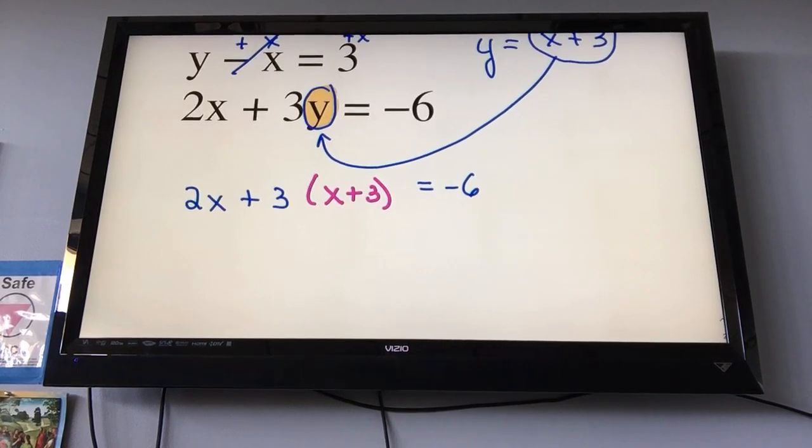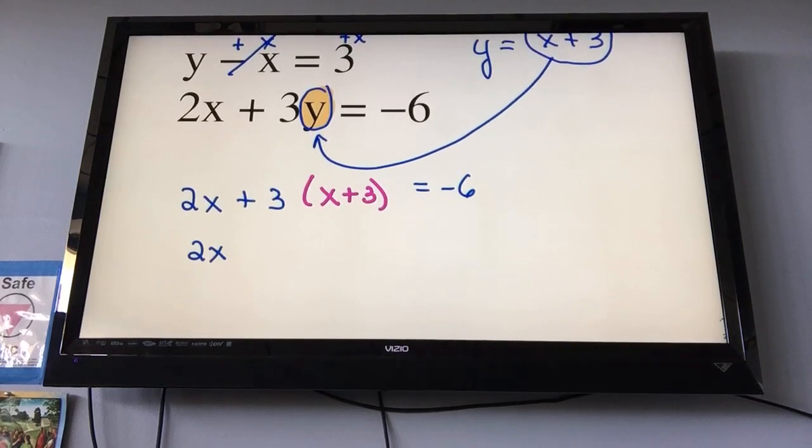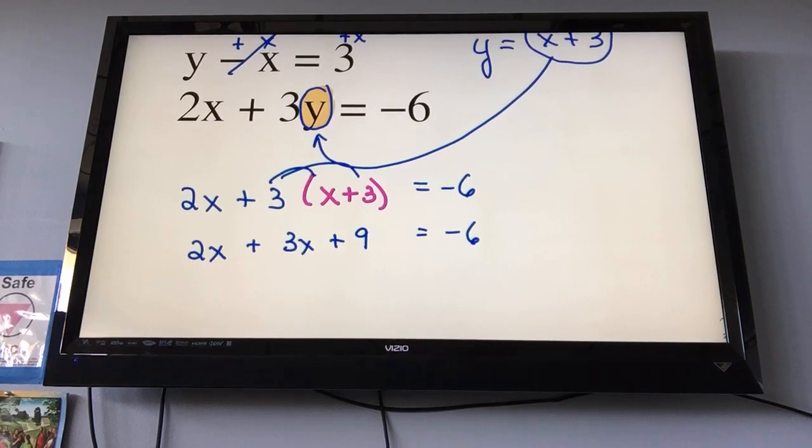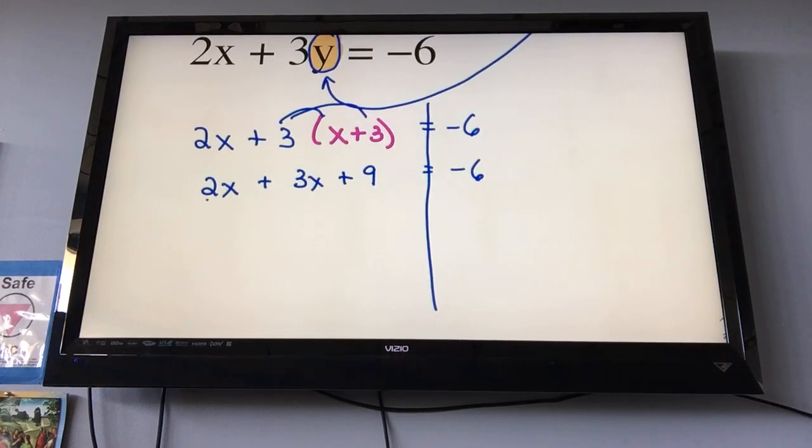All right, so I'm going to distribute 3 times x, 3 times 3 equals negative 6. We're gonna solve, so we're gonna collect our x's. 2 plus 3 is 5.